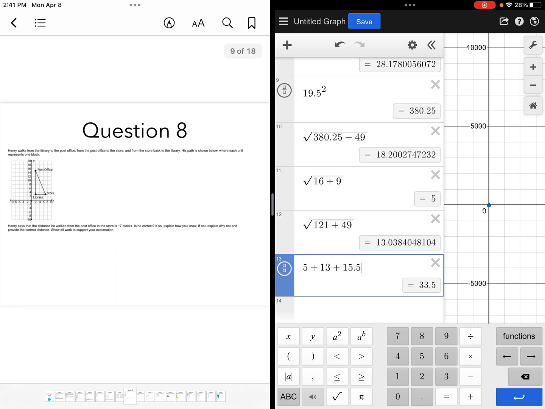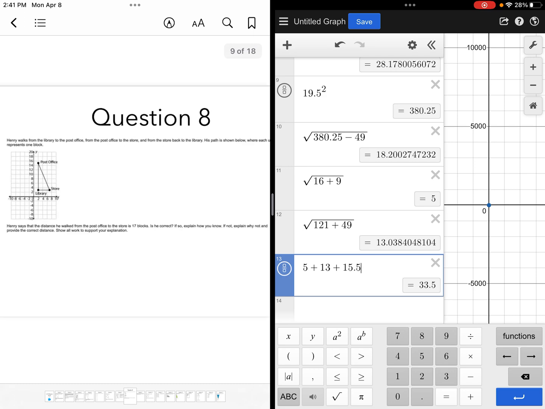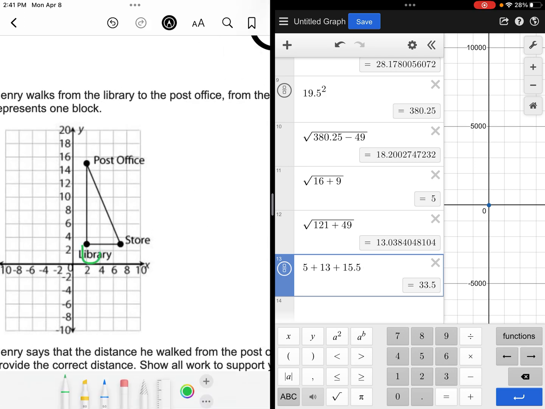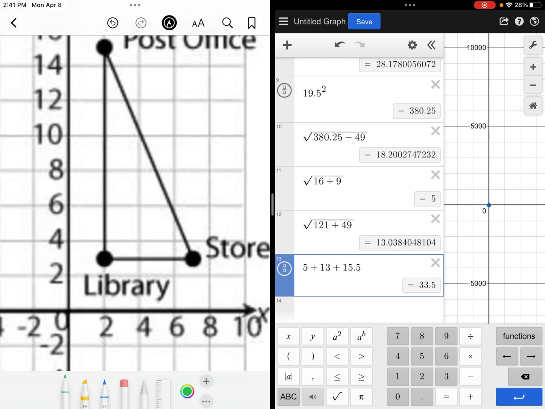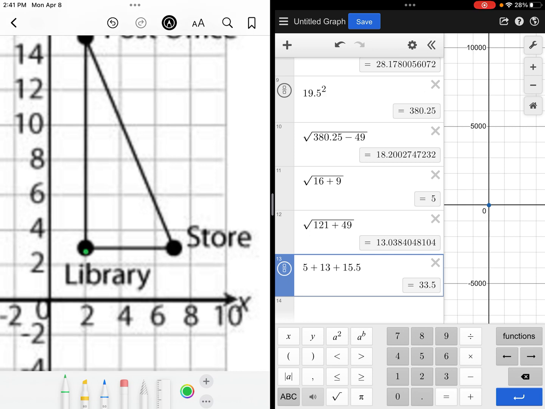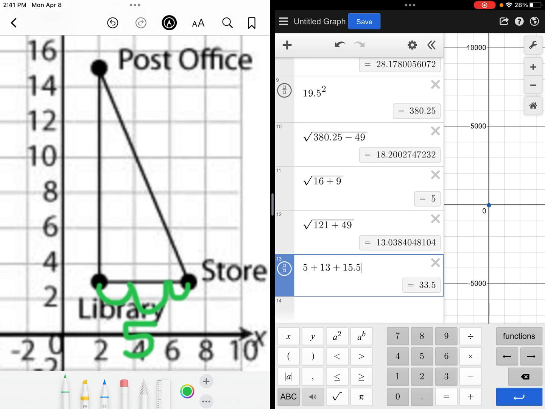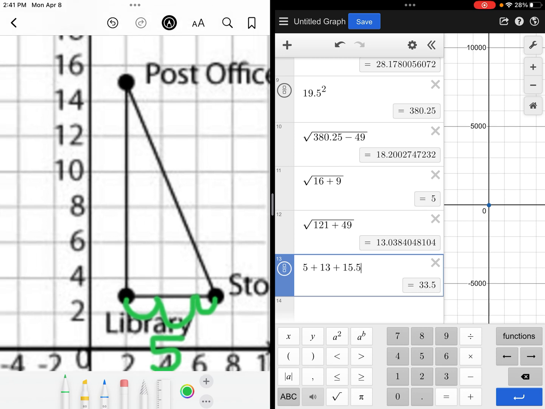Okay, for this one it says, Henry says he walked a distance of 17 blocks. Is he correct? Okay, so that's 1, oops. So that's 2, 4, 5. And then that's 2, 4, 6, 8, 10. Pick up 1, so that's 12.